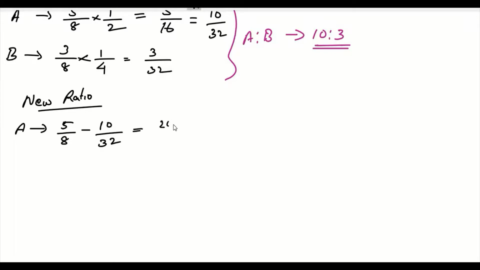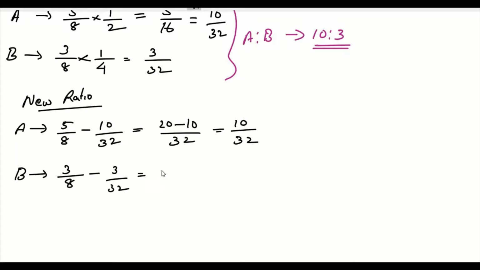That is equal to 20 minus 10 by 32, which is equal to 10 by 32. For B, his original share is 3 by 8 minus his sacrifice 3 by 32, which is equal to 12 minus 3 by 32, which is equal to 9 by 32.